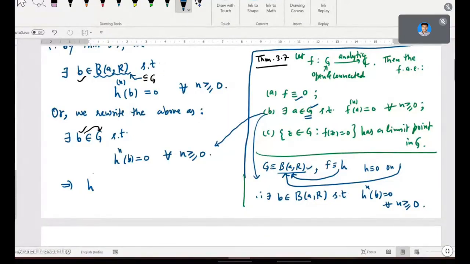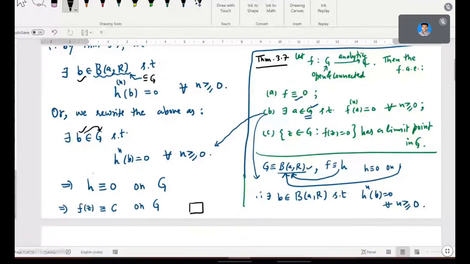This implies that h is identically equal to 0 on G. And what was h? h was f(z) minus C. It means f(z) is identically equal to C on G. And hence done. This is exactly what we wanted to show, that f is constant on G.